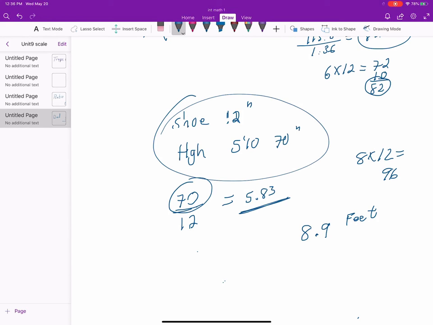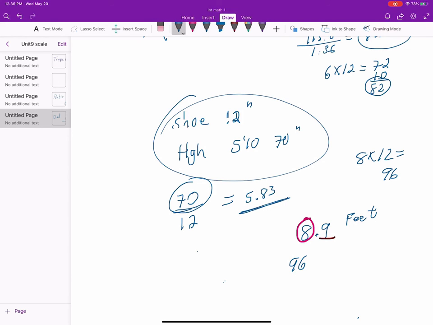So right now I got 96. But now I have to deal with the 0.9. Because 8.9 is in a base 10 system and inches and feet are in a base 12 system, they don't cross over very well, which is one of the advantages of the metric system because it's in base 10. So anyhow, we got to change that.